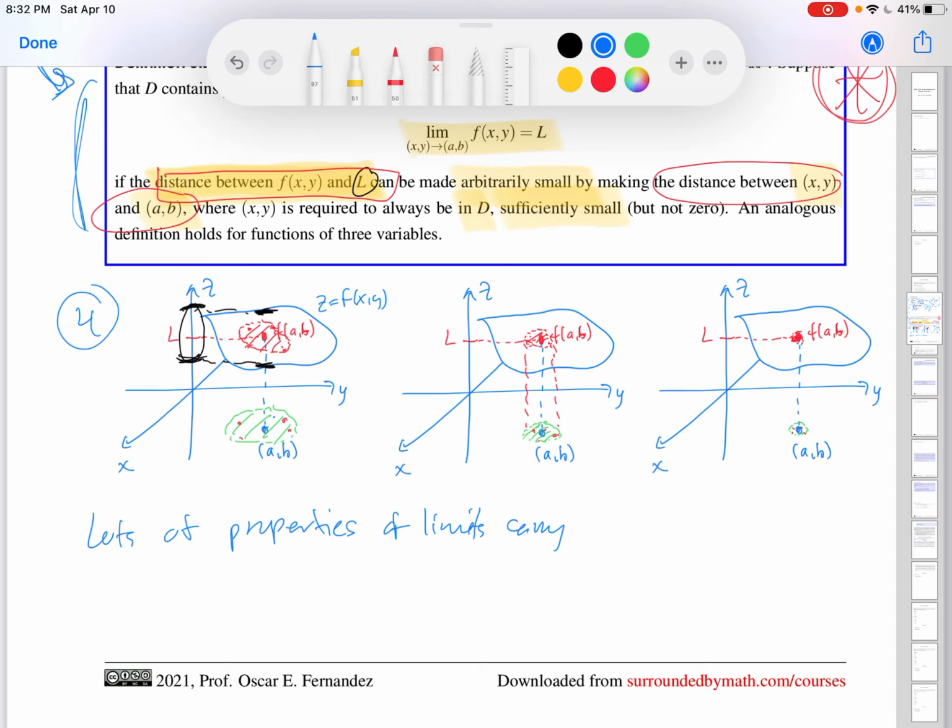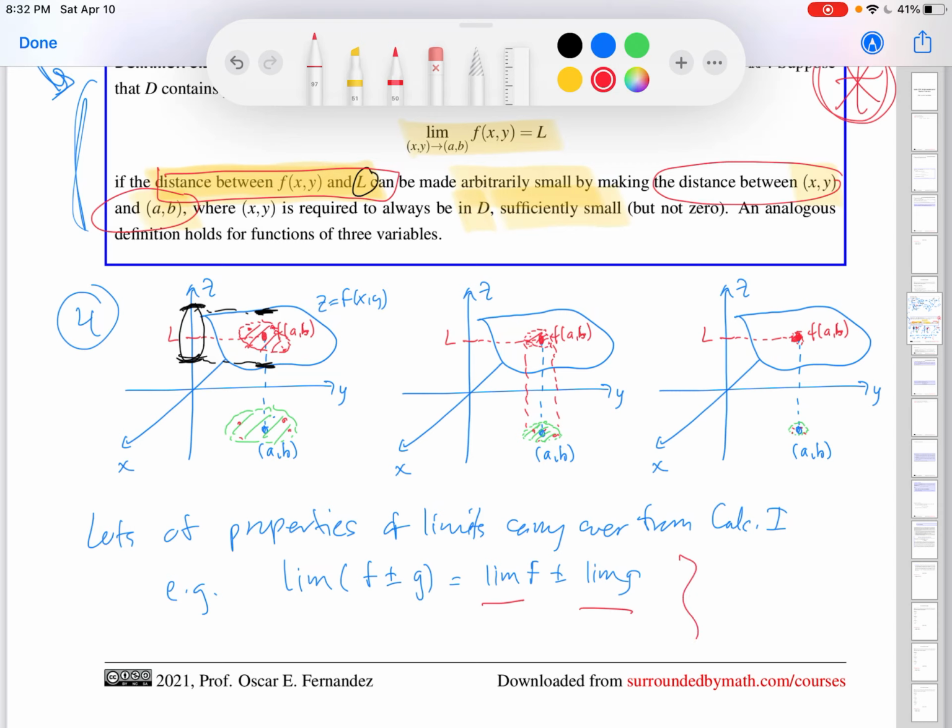You might have learned, for example, the limit laws that tell you that the limit of a sum or difference of two functions is the sum or difference of the limits, provided each one of these limits exists.